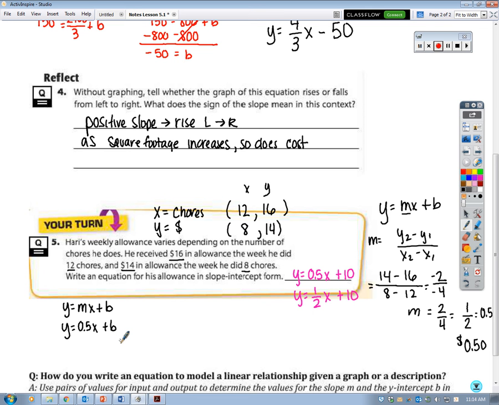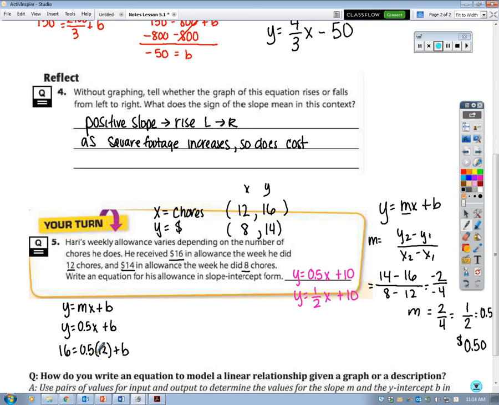So let's go ahead and plug in 12 and 16. You could plug in 8 and 14, both work. So my y value is 16, and my x value is 12, and I'm going to solve for b.